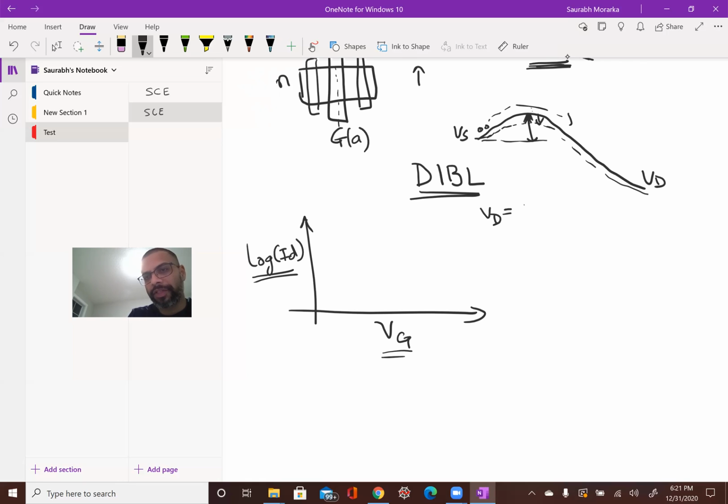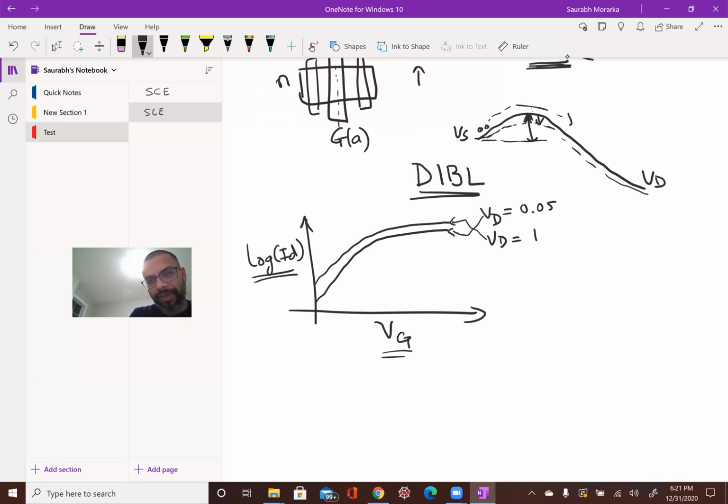One is a low drain voltage, and one is a condition where the drain is at high voltage. For the low VD, the curve looks like this. For the high VD, the curve looks like this.